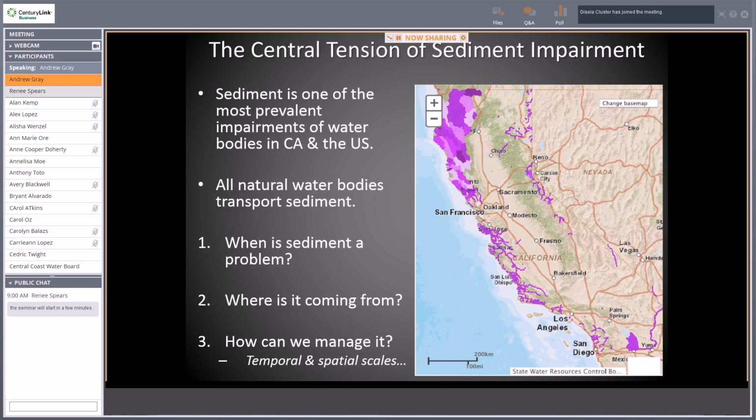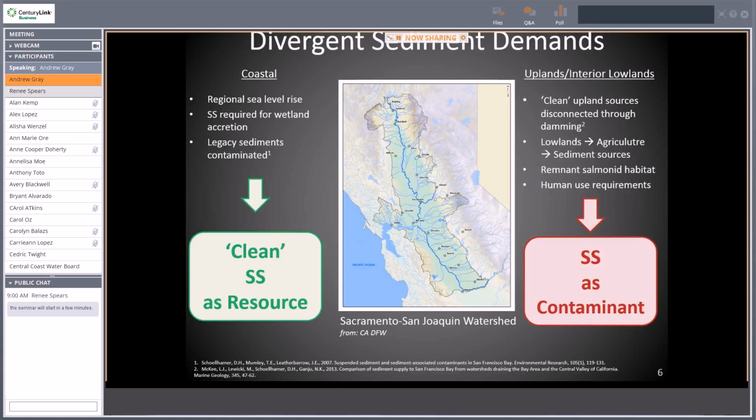And if we're going to try to manage it in some sense, then we need to know more about where it's coming from, what's driving its abundance and its dynamics, and potentially contamination, in order to inform us how we can manage it. And some of this really gets back to understanding the temporal and spatial scales of sediment transport through these environments, which is often overlooked, and I'll touch on that briefly today.